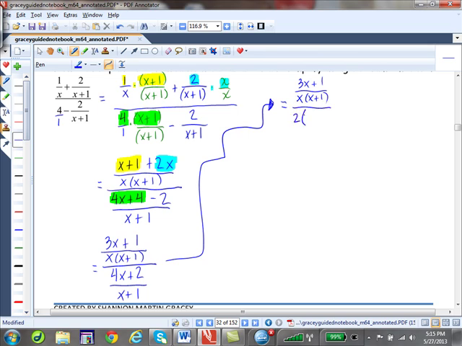But I could factor out a 2 from that 4x plus 2, and I'm left with 2x plus 1, over x plus 1. So now this is equivalent to 3x plus 1 over x times x plus 1, that quantity, divided by 2 times 2x plus 1 over x plus 1, just like we did with the regular numbers. So now we invert and multiply.